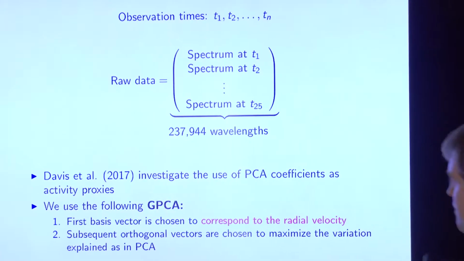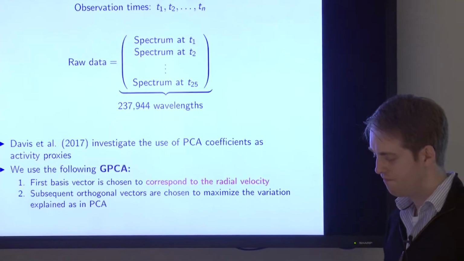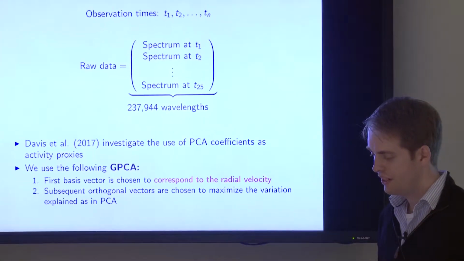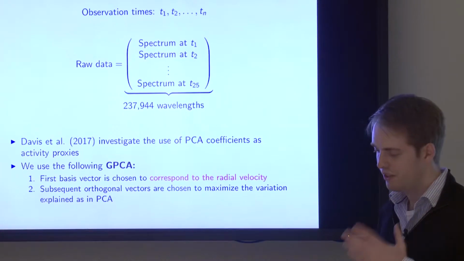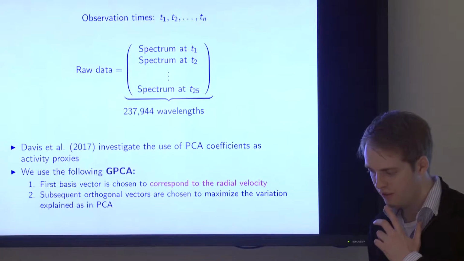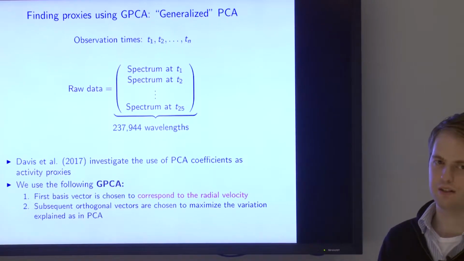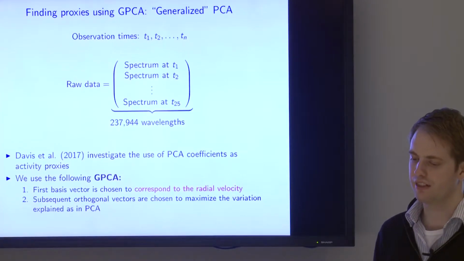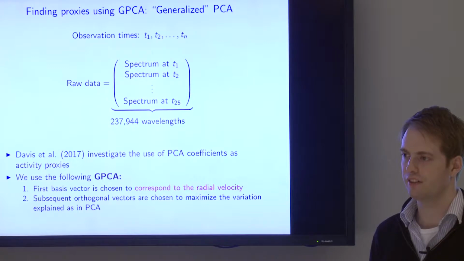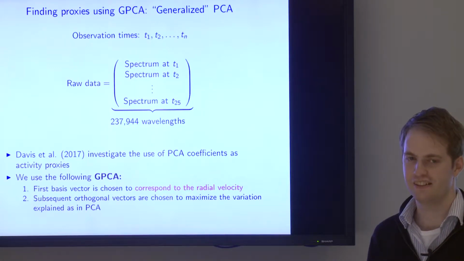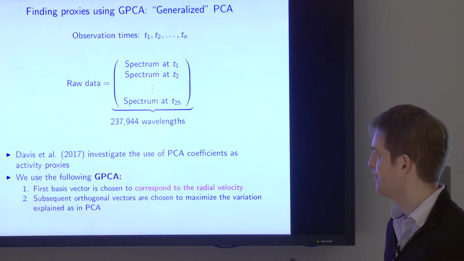But we use a variation on that. Instead of just applying PCA, we know that there's going to be this radial velocity component, and we're interested in recovering that. So we're just going to fix that to be our first component, our first vector. And then for the other ones we're going to run normal PCA.